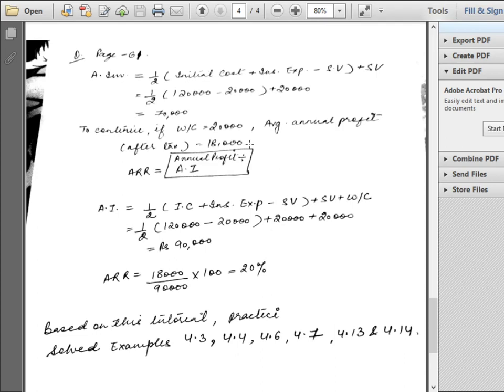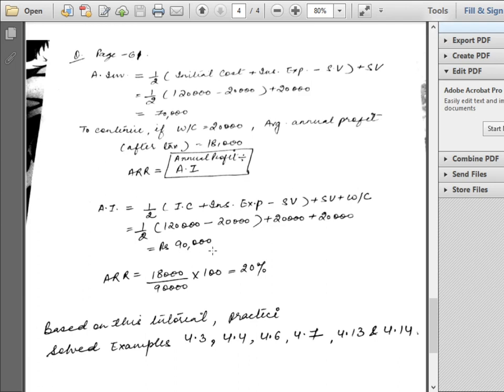So here we will again calculate average investment with the formula half of initial cost plus installation expenses minus salvage value, plus salvage value, plus working capital. Putting in the values, half of 1,20,000 minus 20,000, plus 20,000 the salvage value, and plus 20,000, the working capital. The new amount of average investment is 90,000 rupees.